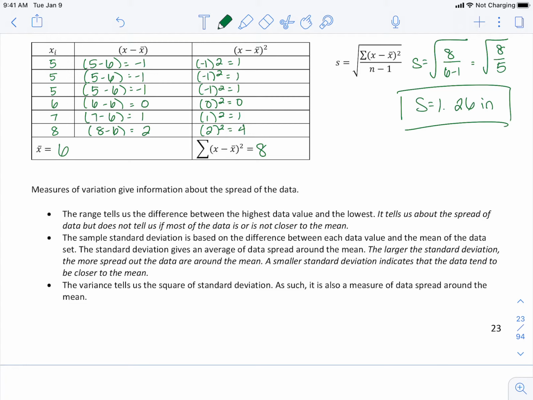The standard deviation gives an average of data spread around the mean. The larger the standard deviation, the more spread out the data are around the mean. A smaller standard deviation indicates that the data tend to be closer to the mean. The variance tells us the square of the standard deviation. As such, it is also a measure of data spread around the mean.